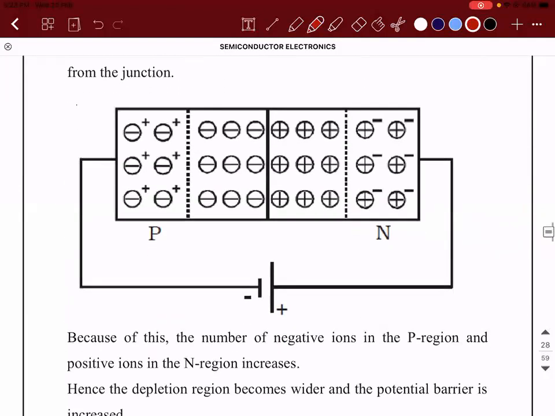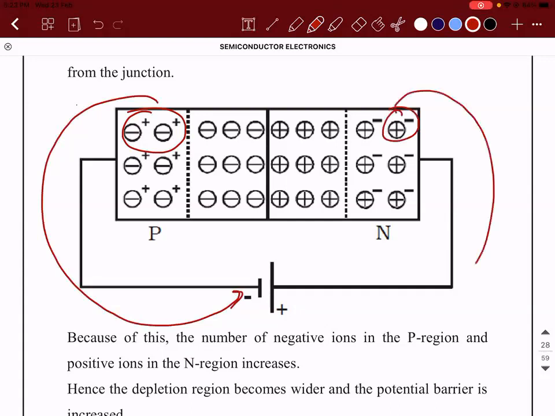If this happens, the holes on this side will get attracted to this negative charge and the electrons will get attracted to this positive charge, as a result of which the holes and the electrons will start moving away from each other. When they are moving away from each other, what can I say with respect to the width of the depletion region? That will also start increasing.